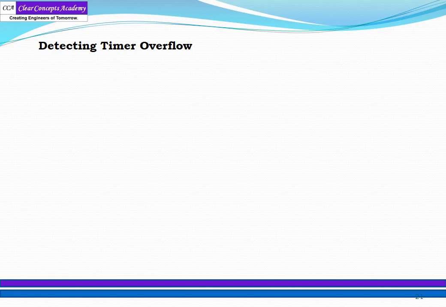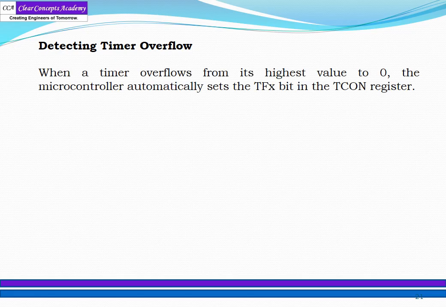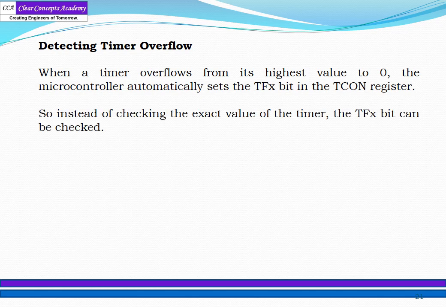Detecting timer overflow. How will the timer overflow be detected? When a timer overflows from its high value to 0, the microcontroller automatically sets the TFx bit, that is TF0 or TF1, in the TCON register. Set means it becomes 1.